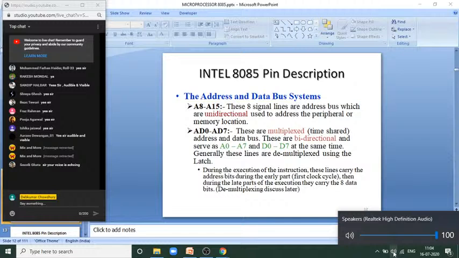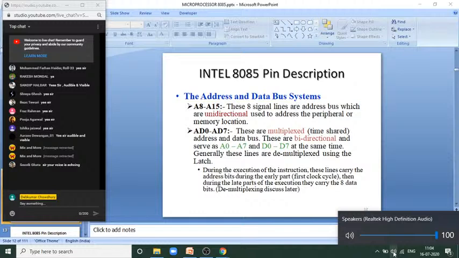One is A0 to A7, another is A8 to A15. These 8 signal lines, A8 to A15, are known as the higher order address bus. They are unidirectional in nature and are used to address the peripherals or memory locations. What do you mean by peripheral? A peripheral may be some input or output device.